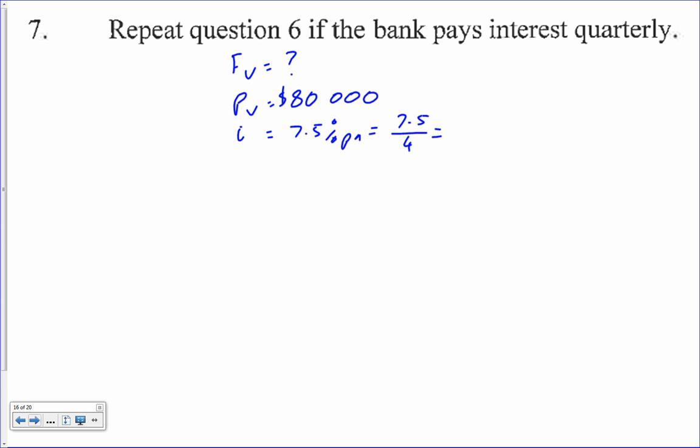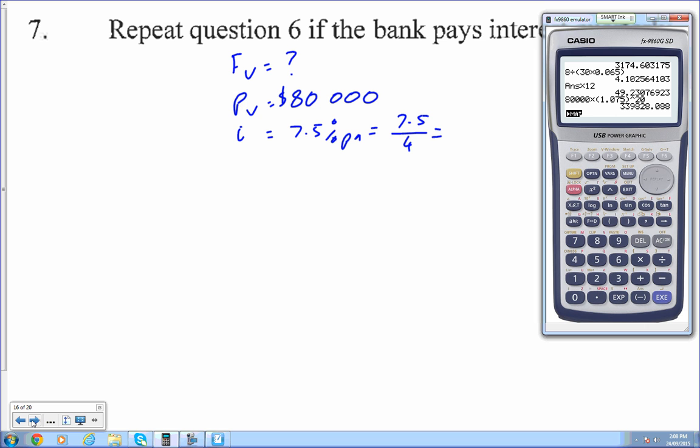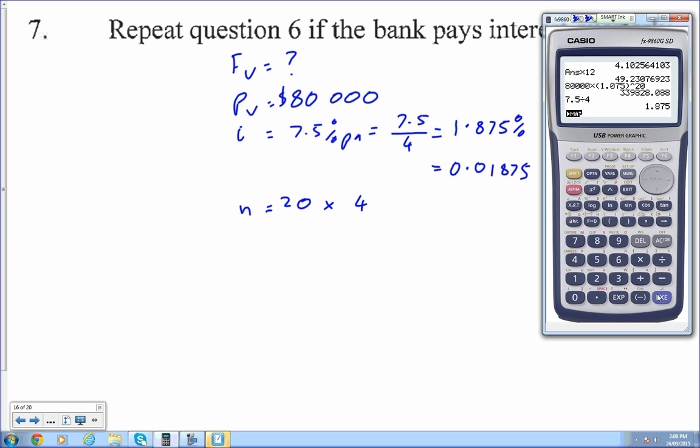And we can calculate that because I know you're all desperately wanting to get it as a decimal. 7.5 divided by 4 is 1.875% per period. That's going to be 0.01875 there. And our periods now is going to be 20 years times by 4 periods per year. So 2 4s are 8, so it's going to be 80 periods.